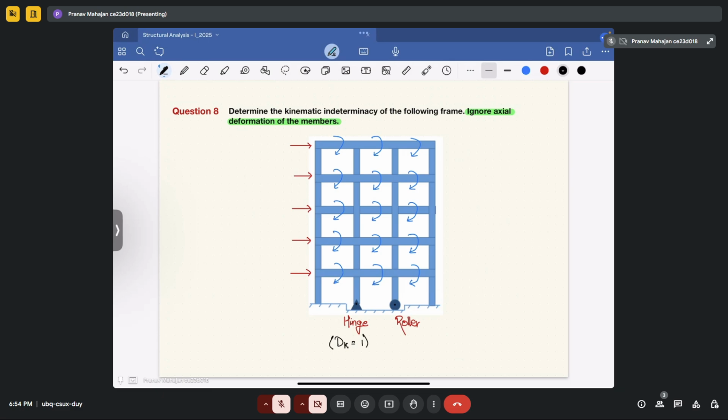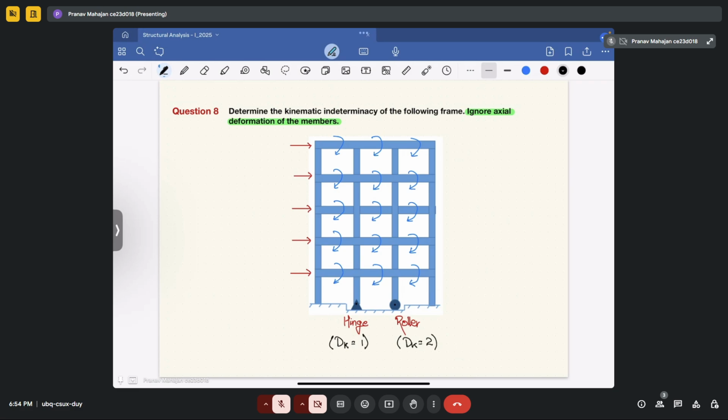This hinge is able to deform in the moment. Okay, that's why in the case of hinge, you will observe the degree of kinematic indeterminacy to be equal to 1. Whereas in case of roller, you will observe the degree of kinematic indeterminacy to be equal to 2.